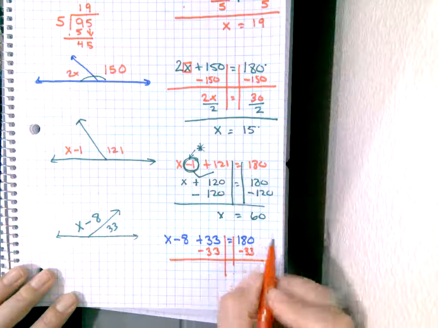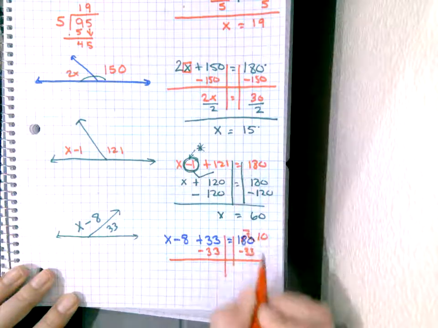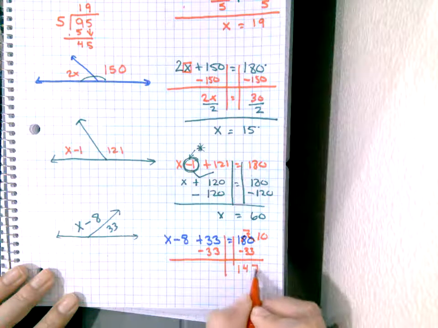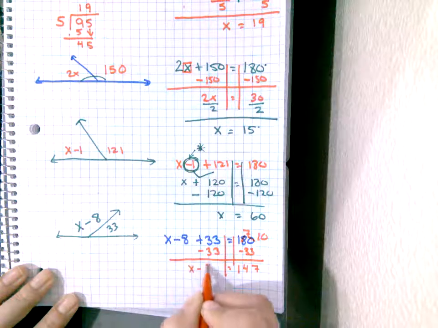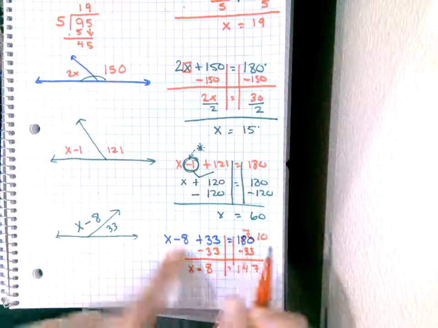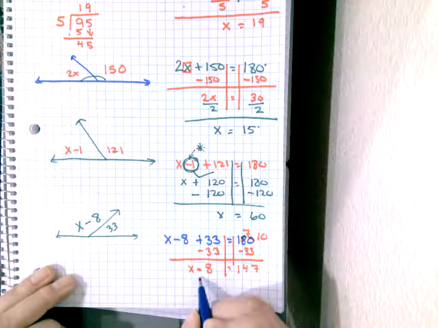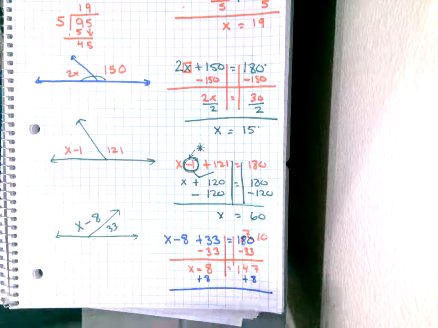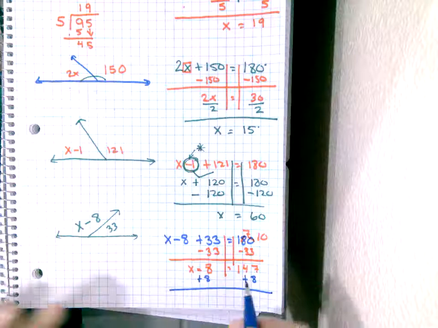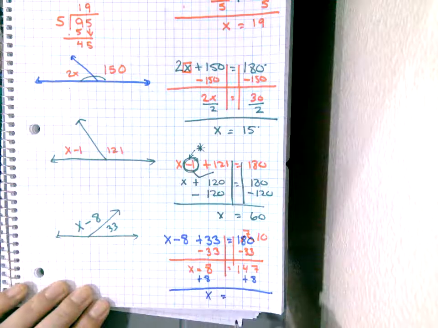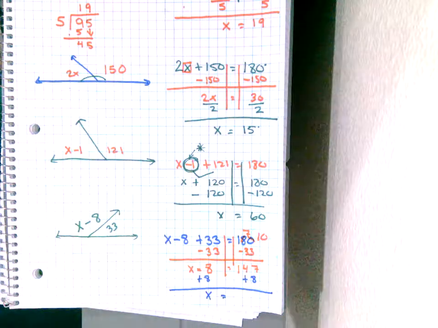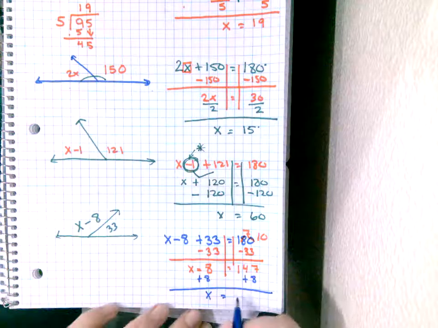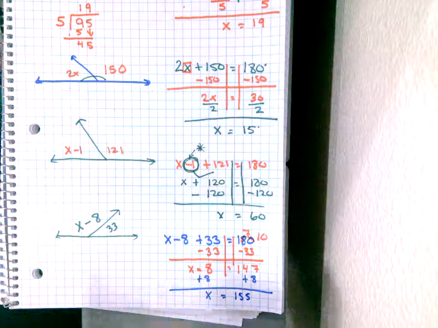So this would be 147 is equal to x minus 8, because it's a minus. So then here I would plus 8, and I would get x is equal to, what's 147 plus 8? 147 plus 8 is 155.